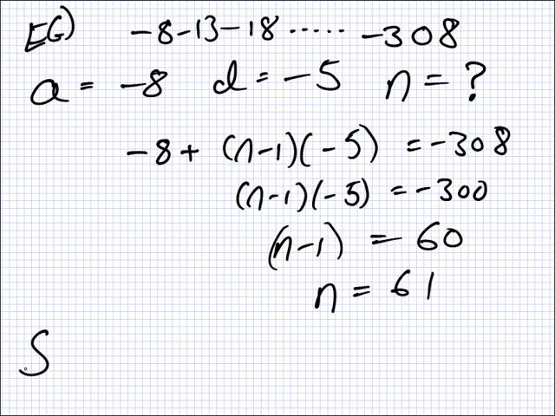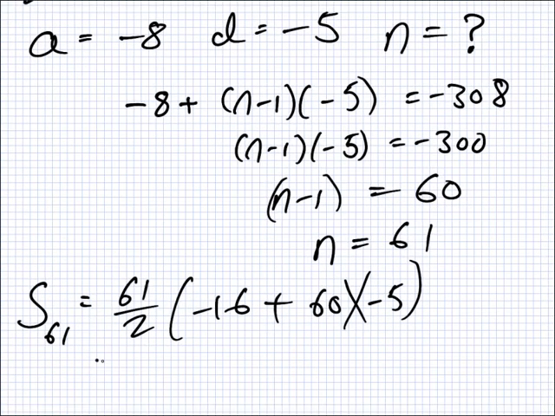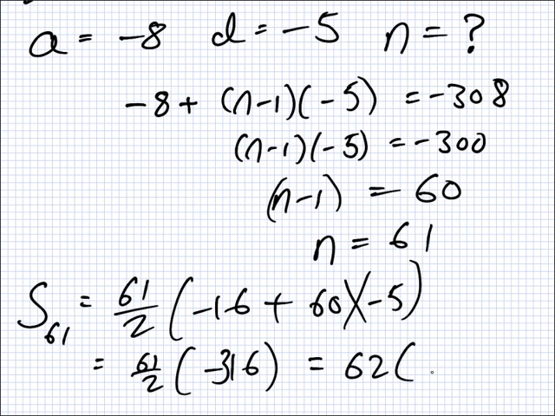So then S61 is 61 over 2, 2a, plus n minus 1 times d. So that's 61 over 2 times minus 16, minus 316, isn't it? Yes? There's 62 minus 150 times minus 158, is that right?